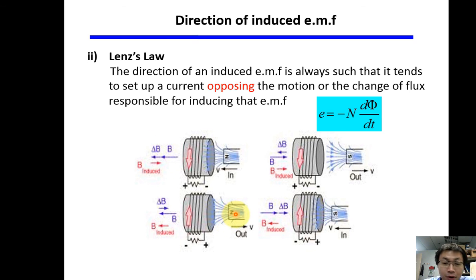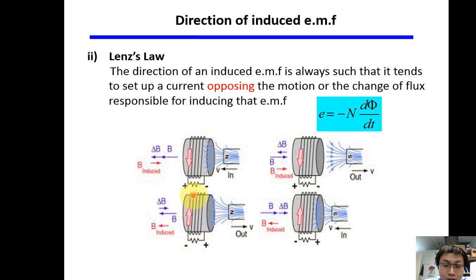So what if the pole needs to go out from here? The original flux is in this line. If the magnet is moving outwards, there is a change of the magnetic flux density.